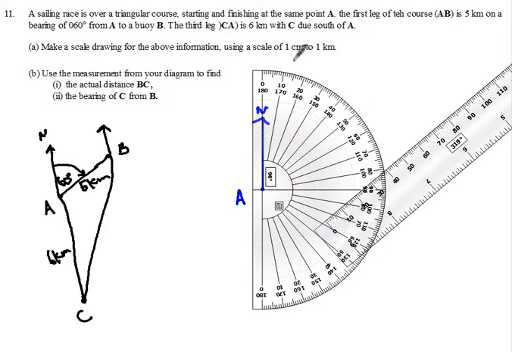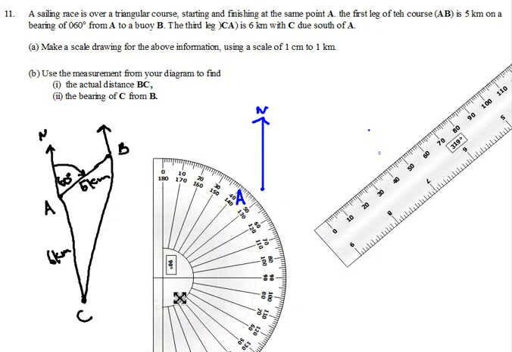Our north line is in line with the zero line on the protractor. So we go around to 60. We use the outer numbers because the 0 here is an outer number. We put a dot at that 60 degrees, just to use it as our guide to draw the actual line.